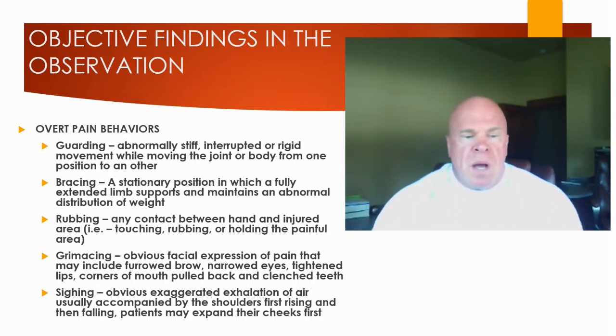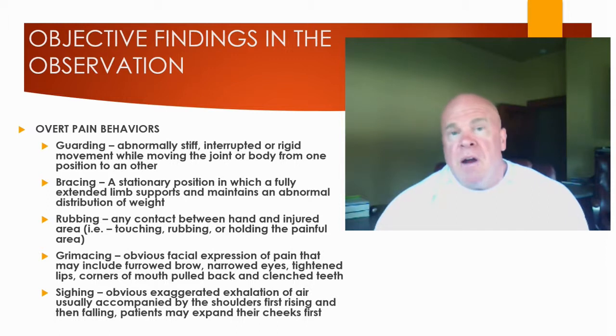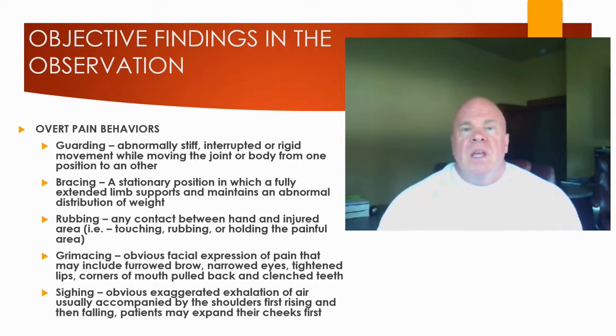How about rubbing? Rubbing is any contact between the hand and the injured area, such as touching, rubbing, or holding the painful area. This is similar to what the AMA guides describe as holding or supporting the affected body part.